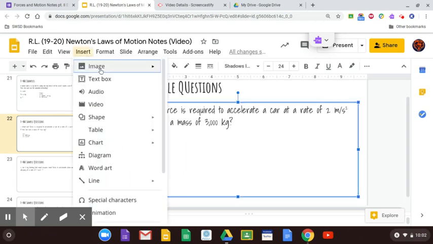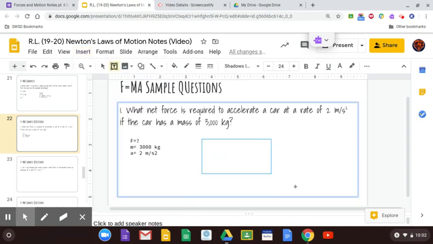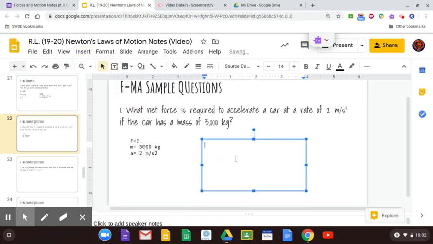Then I'm going to write out my equation again and then fill in what I do know. Force equals mass times acceleration. I don't know the force yet, so I'm just going to leave it as an F. I do know the mass. The mass is right here. It's 3,000 kilograms.